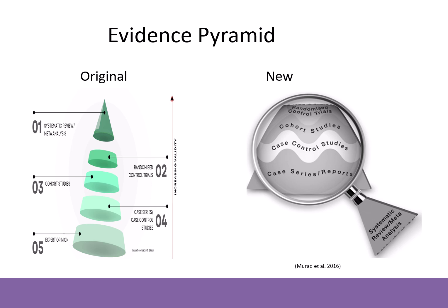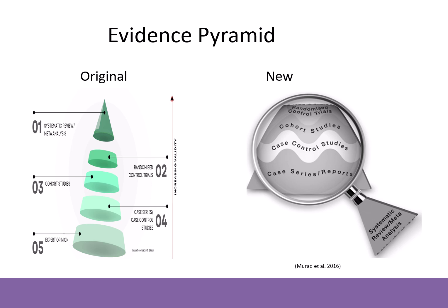However, there is a new pyramid that was introduced by Murad in 2016, and it basically gives a new way of looking at the quality, which varies in primary studies.